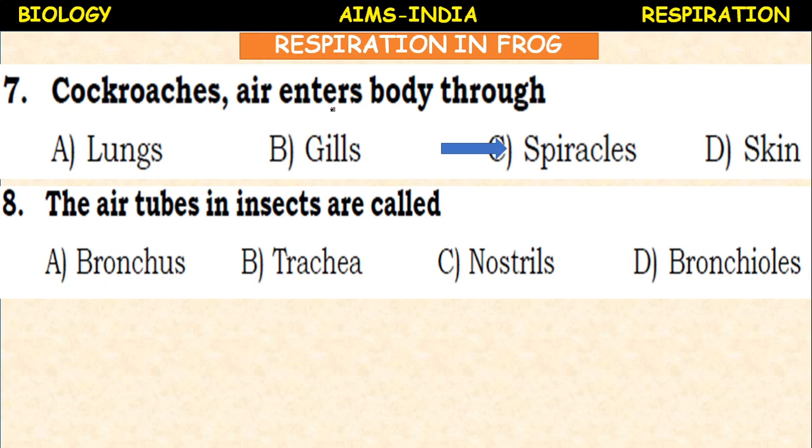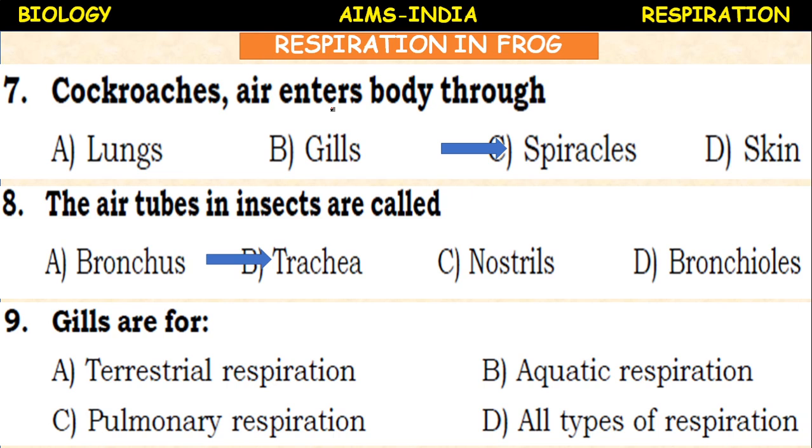The air tubes in insects are called bronchus, trachea, nostrils, or bronchioles. So trachea are the air tubes. Gills are for what purpose? Tracheal respiration, aquatic respiration, pulmonary respiration, or all types of respiration. Gills are present in fishes, so it is aquatic respiration.